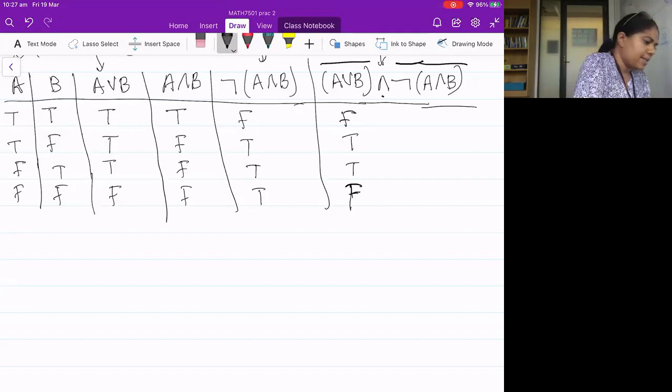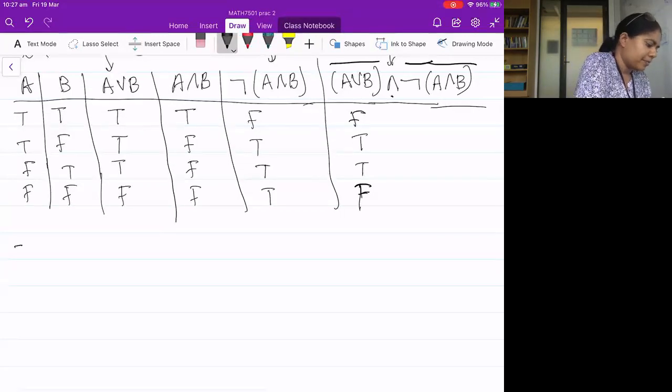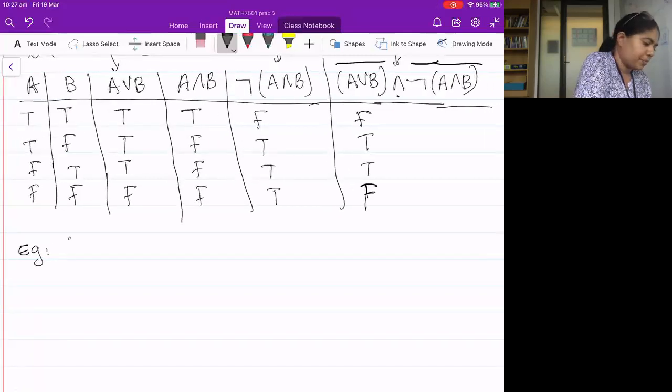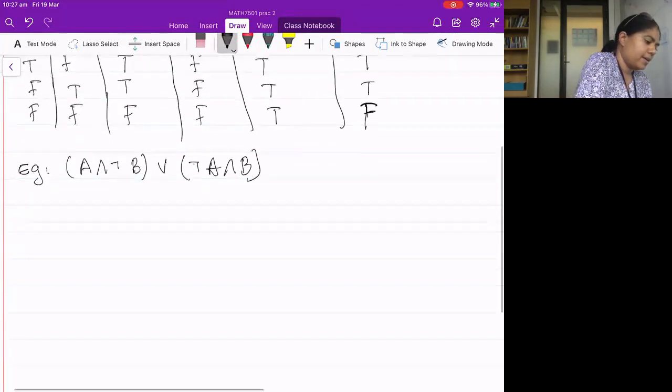So let's say, for example, the statement A and not B, or not A and B.